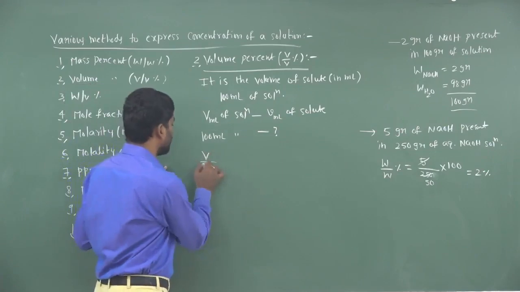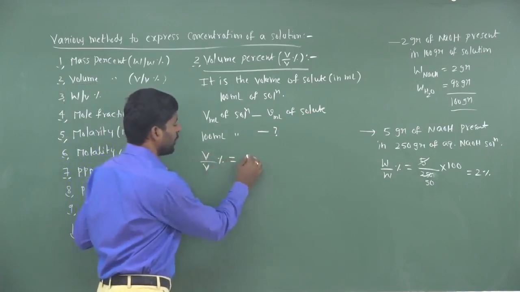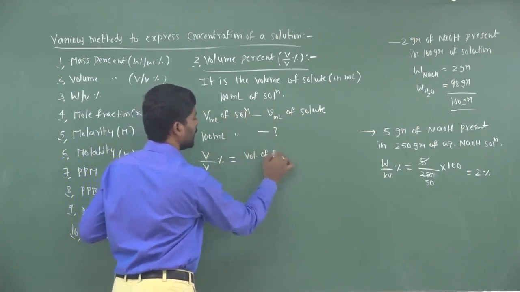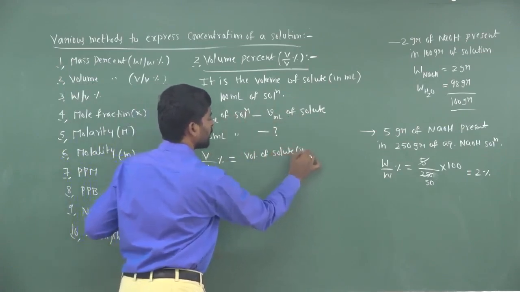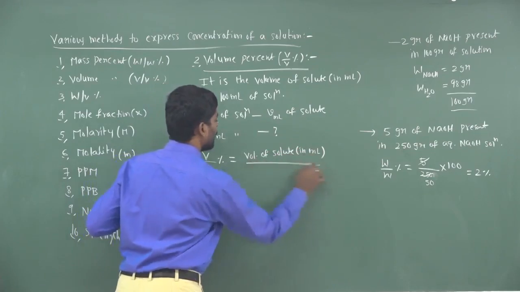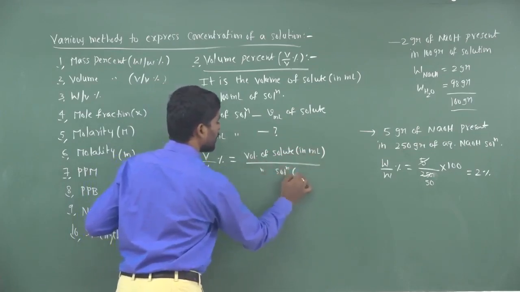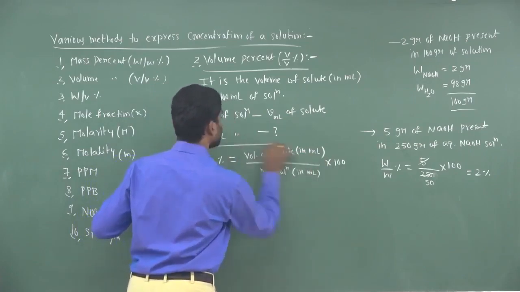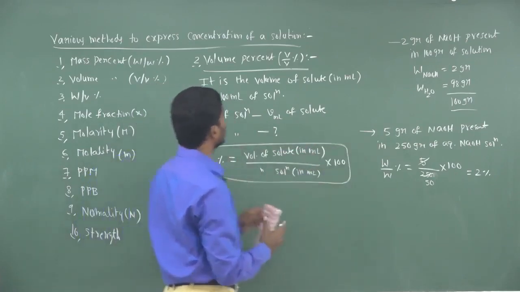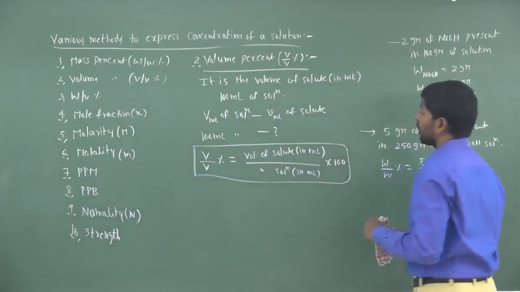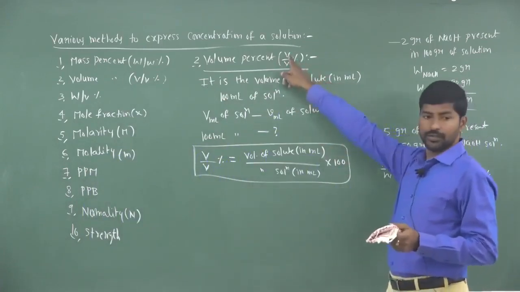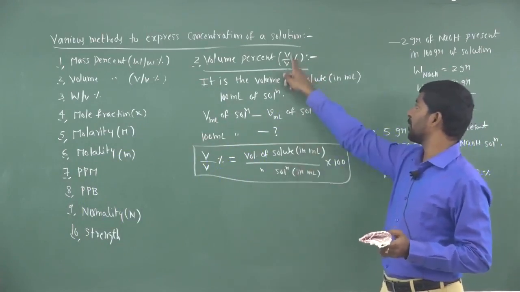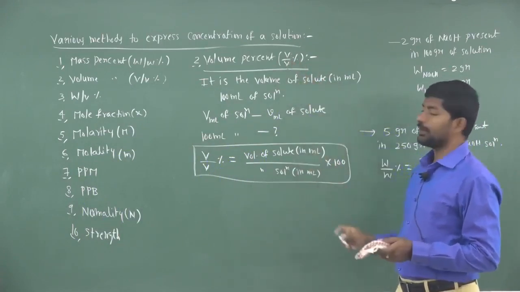Therefore V by V percentage is equal to volume of solute in ml by volume of solution in ml into 100. Numerator corresponds to solute, and the denominator corresponds to solution.